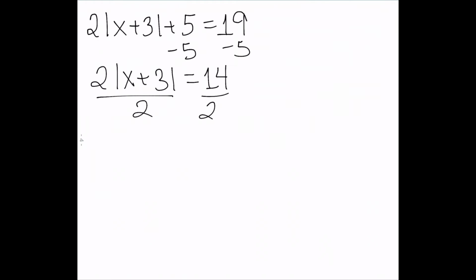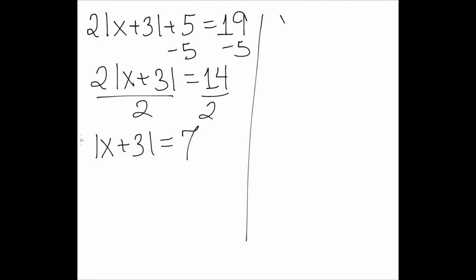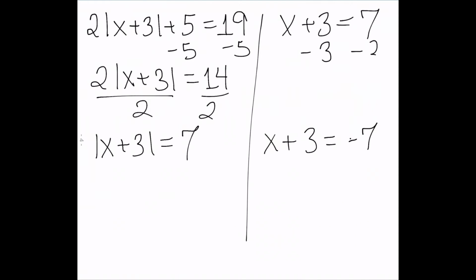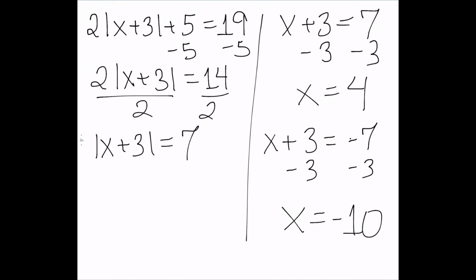Then we can divide by 2 to get the absolute value of x plus 3 is equal to 7. And now we can use our rule. x plus 3 is 7, and x plus 3 is negative 7. For our first equation, I can subtract 3 to get x equal to 4. For our second equation, I can subtract 3 to get x equal to negative 10.